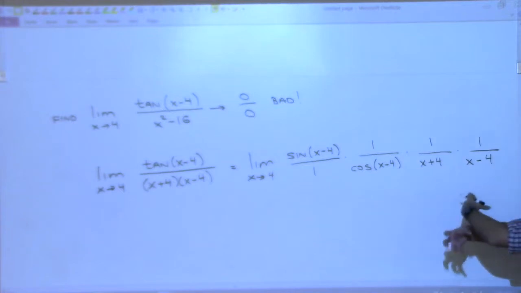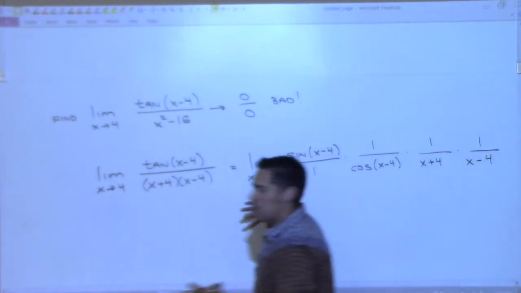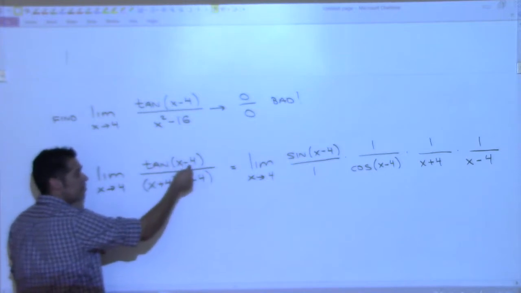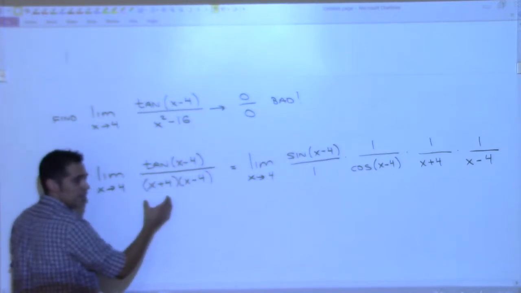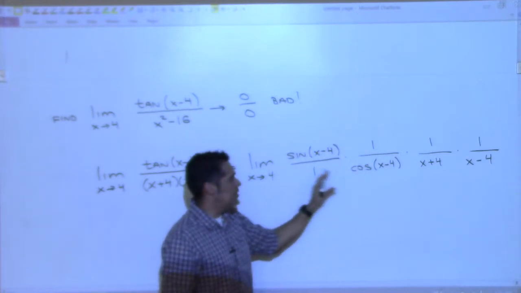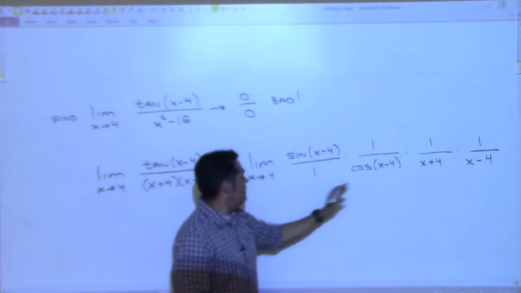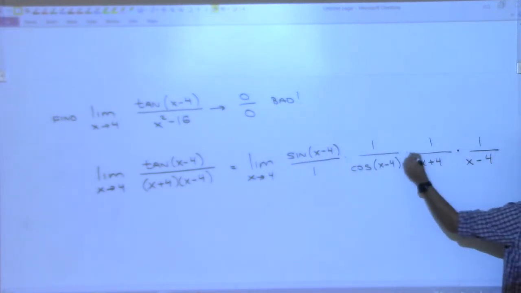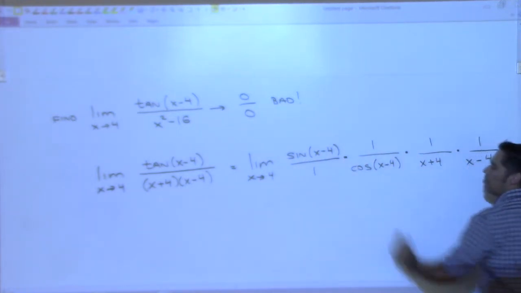I'm just peeling everything apart. Tangent of x minus 4 is sine of x minus 4 over cosine of x minus 4. I can write that with these two, so that's your tangent of x minus 4. And then we still have on the denominator these two factors, which I can peel off. I'm putting dots between these. I've created 4 fractions like that.